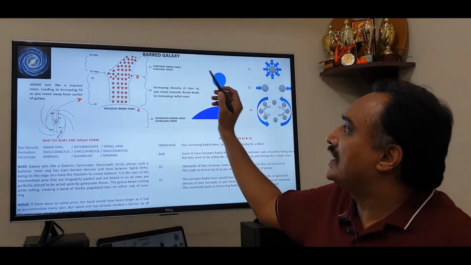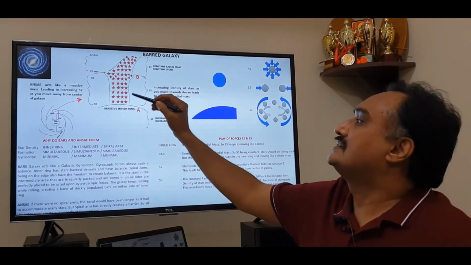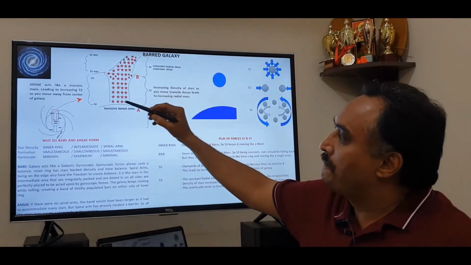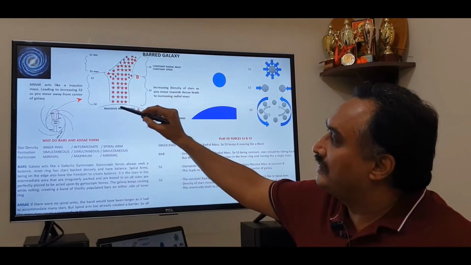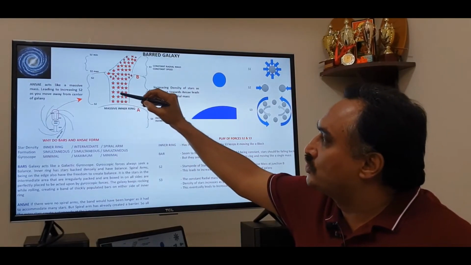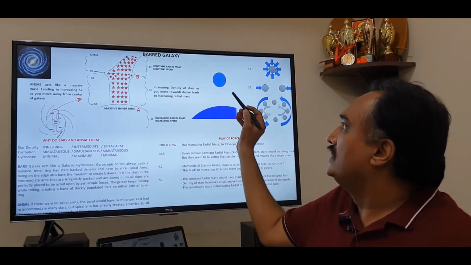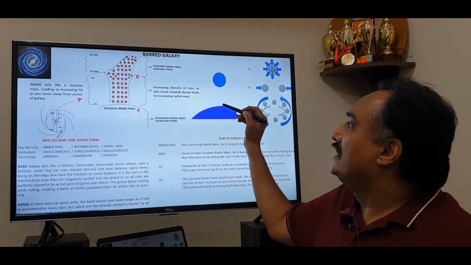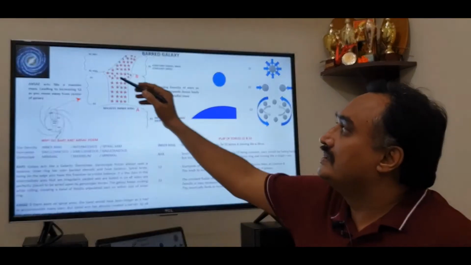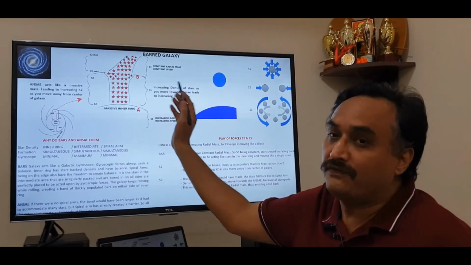This massive mass acts like a primary mass, and the stars in the intermediate ring act like a secondary mass. So as you move away from the galaxy, nearer to the Ansae, obviously the effect of this Ansae keeps increasing. That is one of the factors which is stopping these stars from falling back.